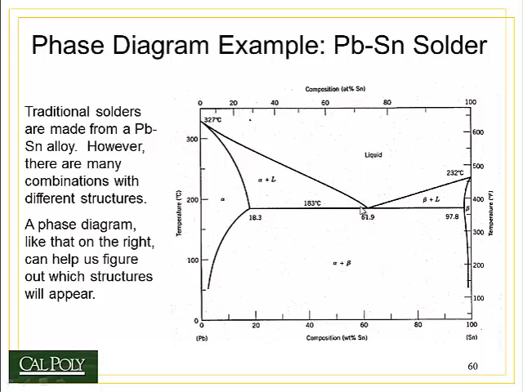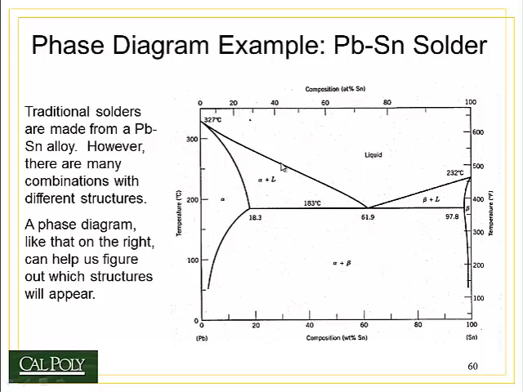Now, on the diagram you have a group of lines, and these lines are called phase boundaries, and they separate phase fields on the diagram. So at very high temperatures we have the liquid phase present. As long as you're above 183 degrees Celsius at 61.9 weight percent tin, you'll have liquid phase.